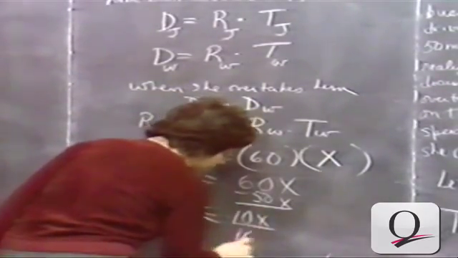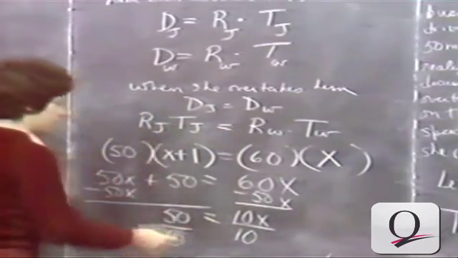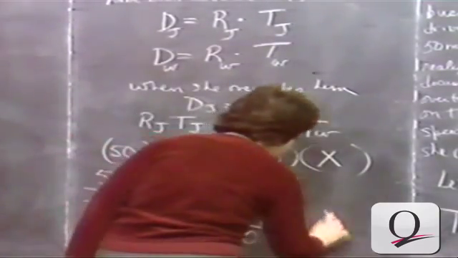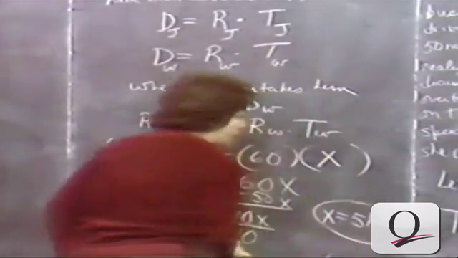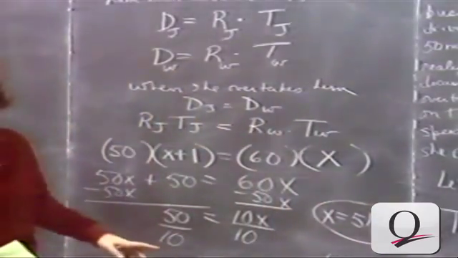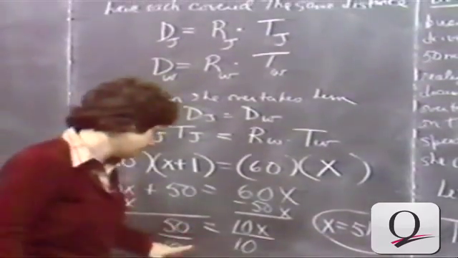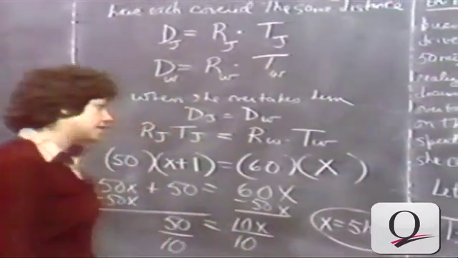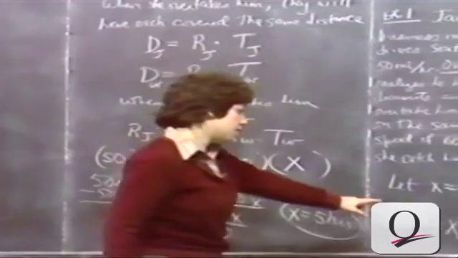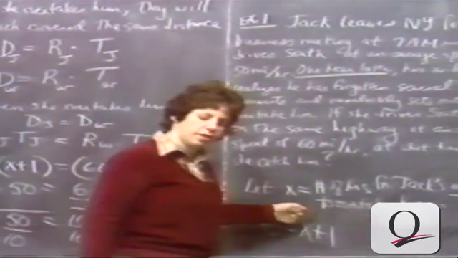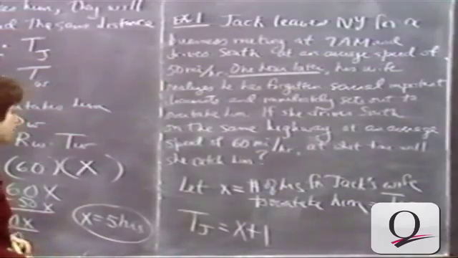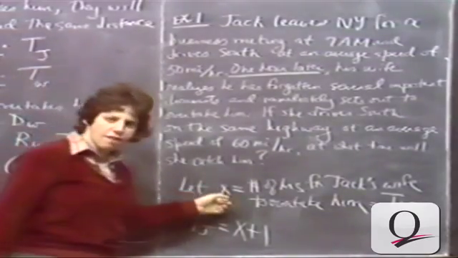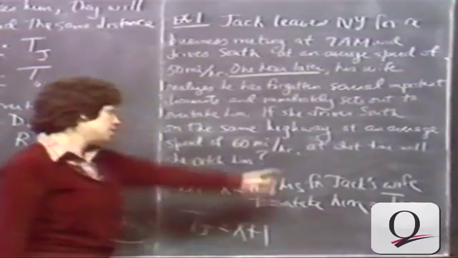Dividing both sides by 10, we find out that x is equal to 5 hours. x equals 5. It's 5 hours. x is the number of hours for Jack's wife to overtake him. It takes 5 hours for her to catch up with him. She will travel for 5 hours. He will travel for 6 hours.